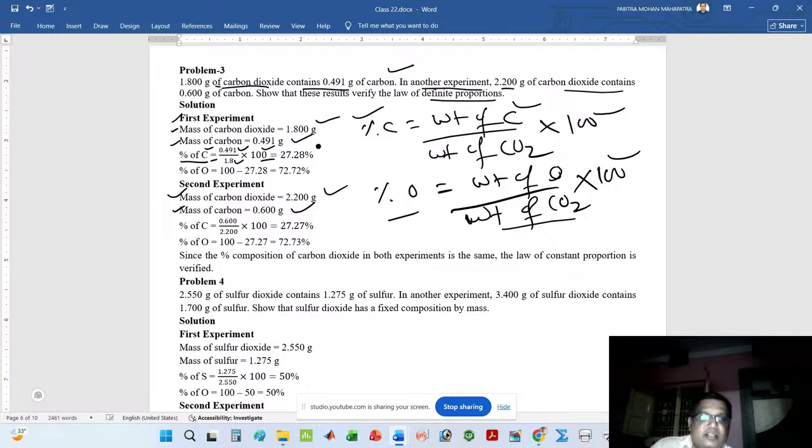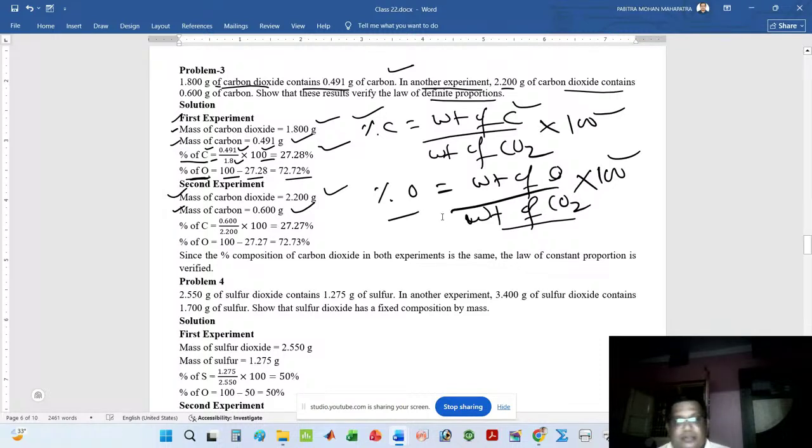Similarly, percentage of oxygen means subtract the percentage of carbon from 100. Here I can say that percentage of oxygen is equal to 100 minus percentage of carbon. That is 27.28. That means percentage of oxygen is equal to 100 minus 27.28, that is equal to 72.72 percentage.